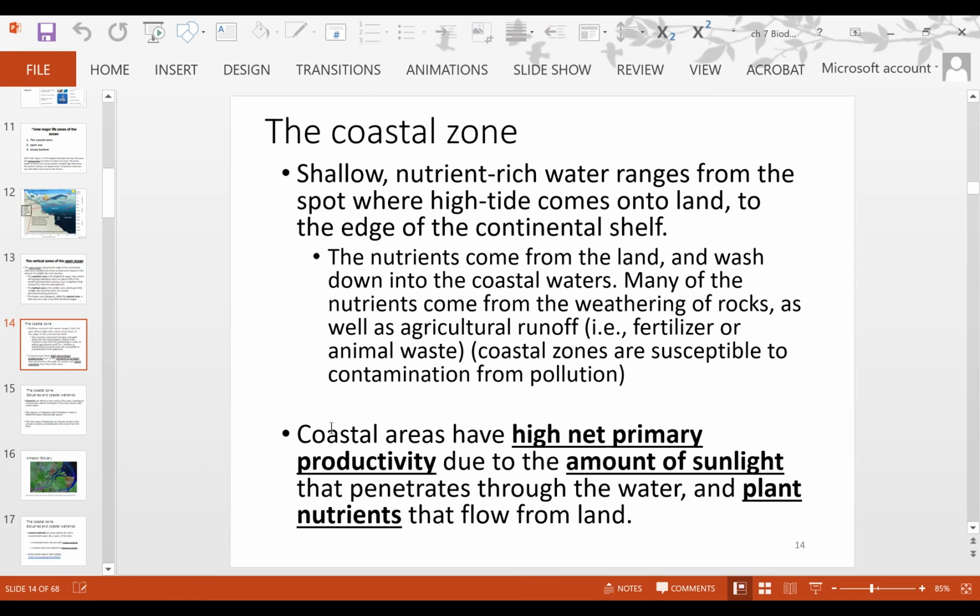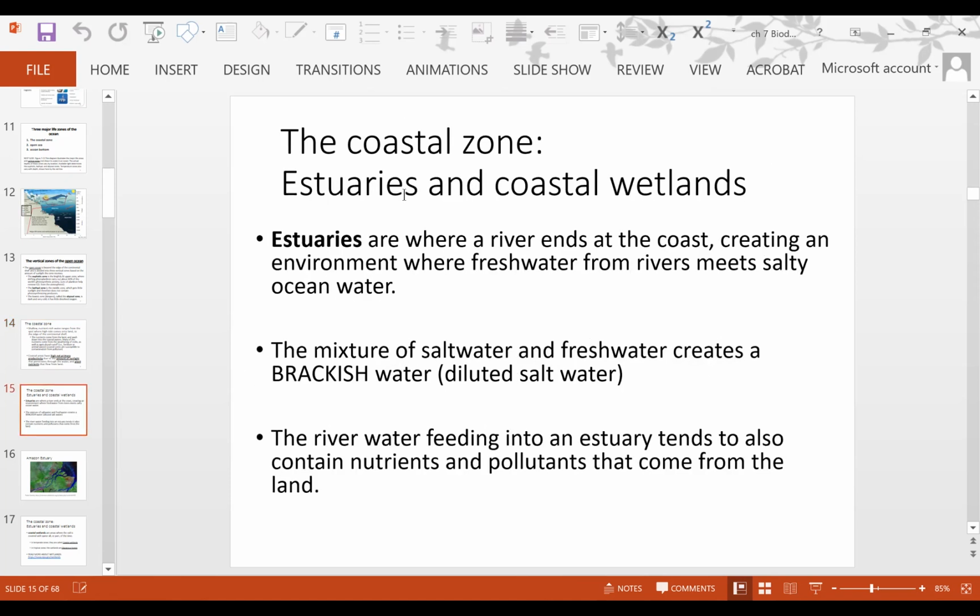Now, coastal zones are also susceptible to contamination from pollution from the land. So coastal areas have high net primary productivity, and that is due to the amount of sunlight that penetrates through the water and the nutrients that feed the plants that are in the coastal area. And those nutrients are mainly coming from the land. And then within the coastal zone, you have estuaries and coastal wetlands.